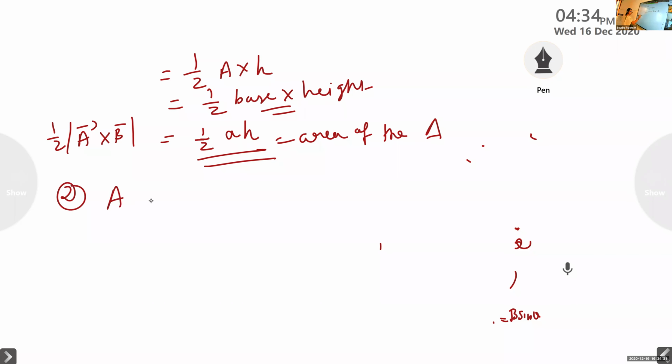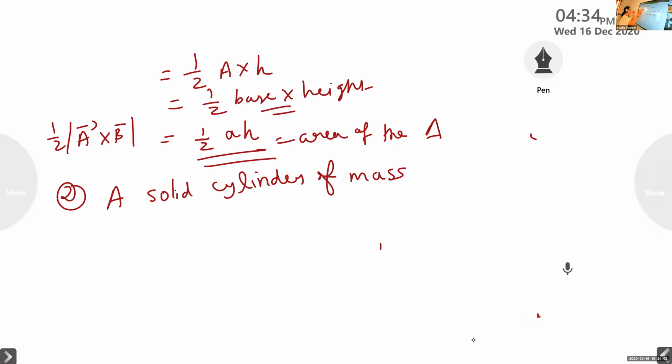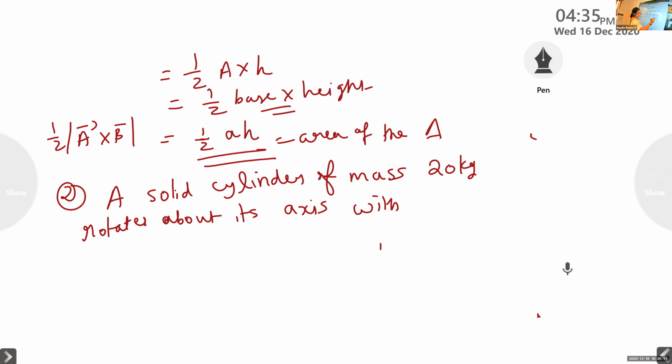A solid cylinder of mass 20 kg rotates about its axis with angular speed, angular velocity, 100 radian per second.